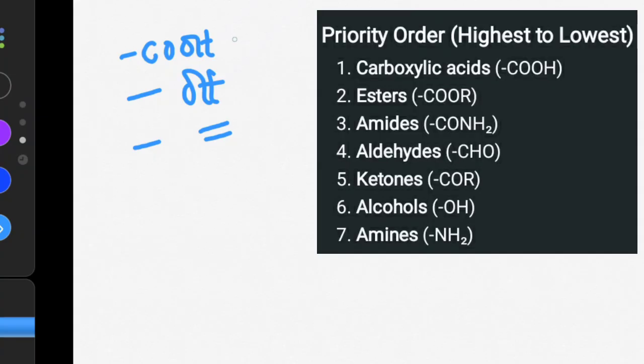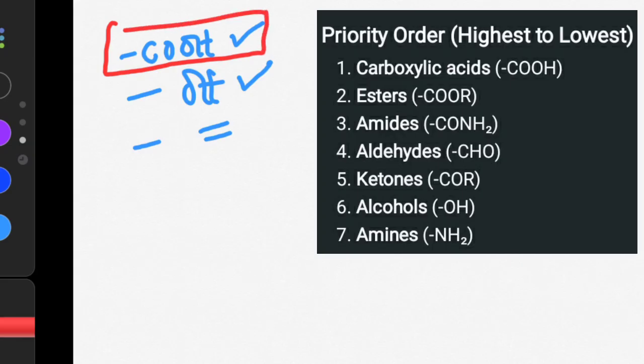So whenever you see a carboxylic group occurring and this functional group alcohol occurring at the same time in a structure, all right, you will tend to give the parent name to that compound to be that of a carboxylic. So we take carboxylic acids as preference once they occur as a functional group in the structures.